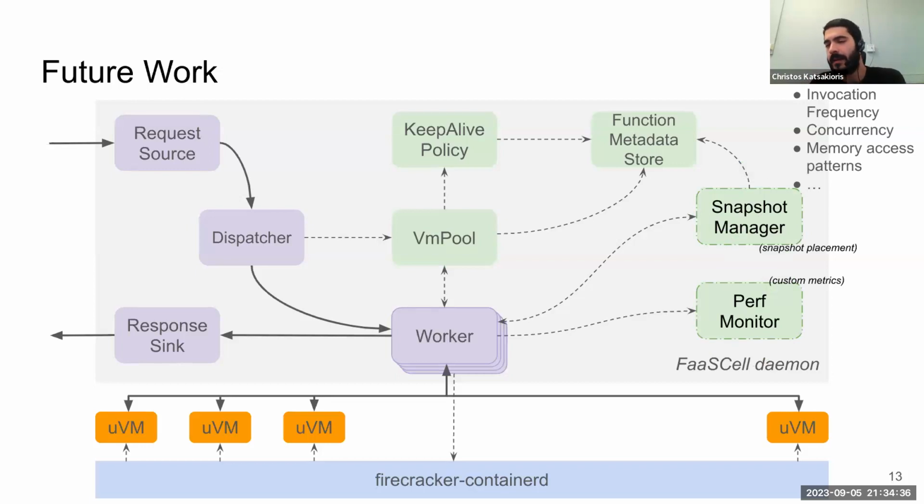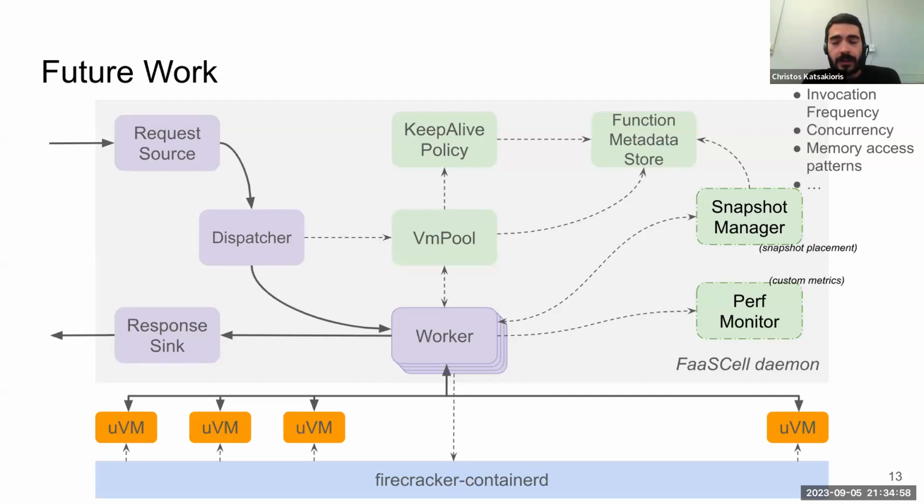Each function may have several characteristics that change its behavior when restored from a snapshot, like its memory access patterns or the concurrency of the execution of the function or the frequency of such invocations.